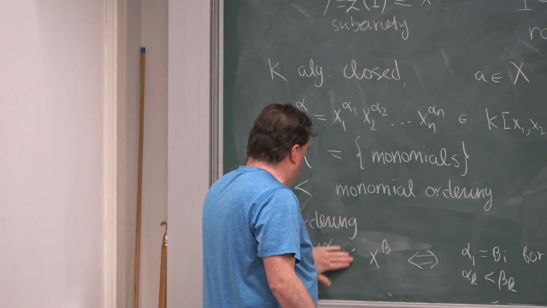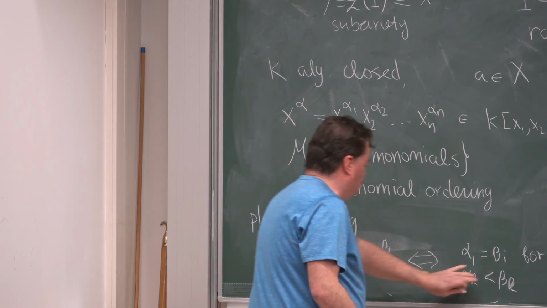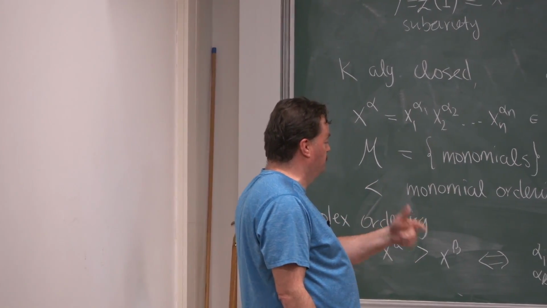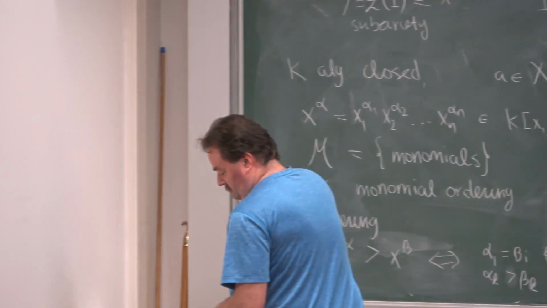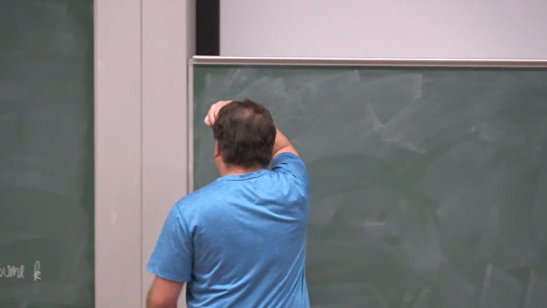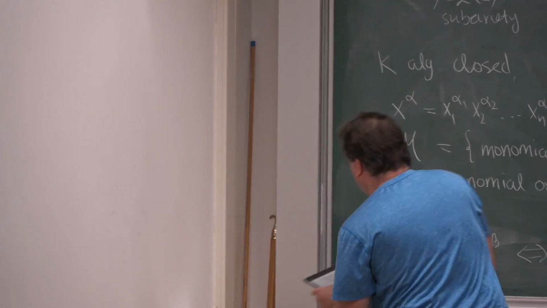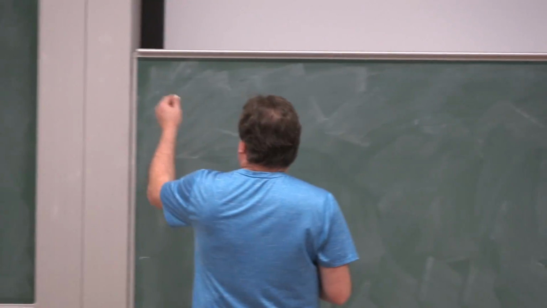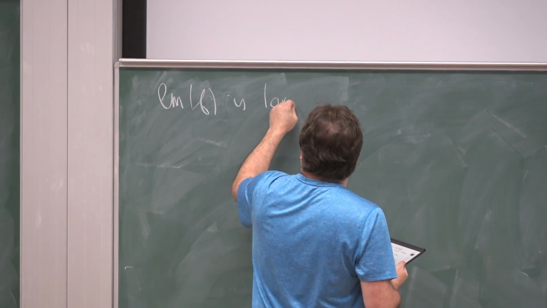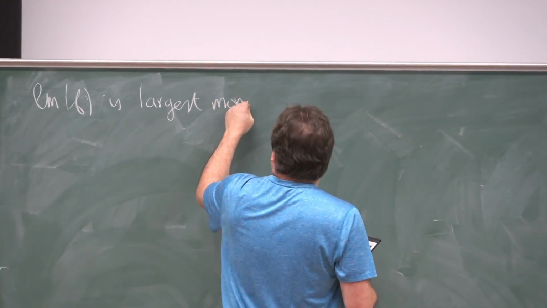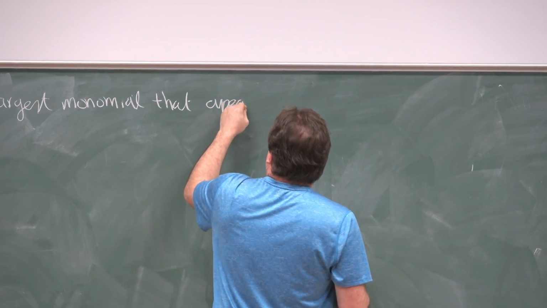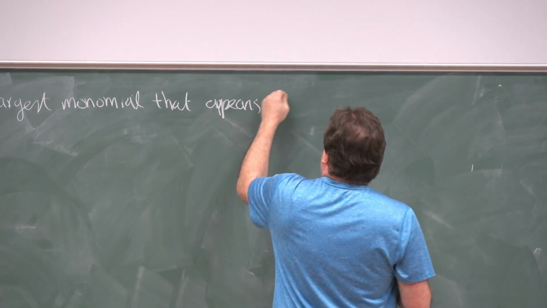So a monomial ordering is a total ordering of all the monomials. Actually, I'm going to do it differently. Let me just write it like this. Okay, so in this ordering, x1 is larger than x2, etc. So if we have a polynomial f, then the leading monomial of f is the largest monomial that appears in f.